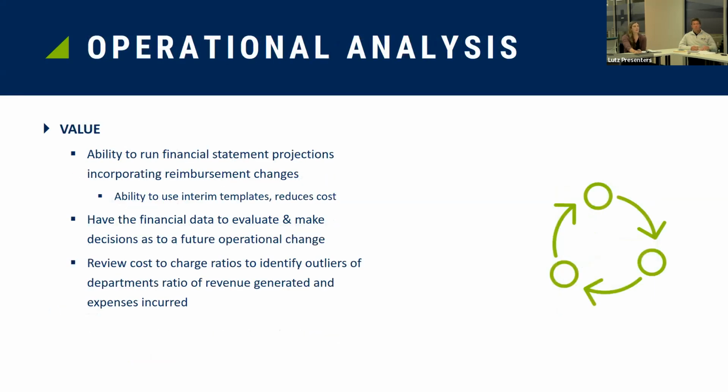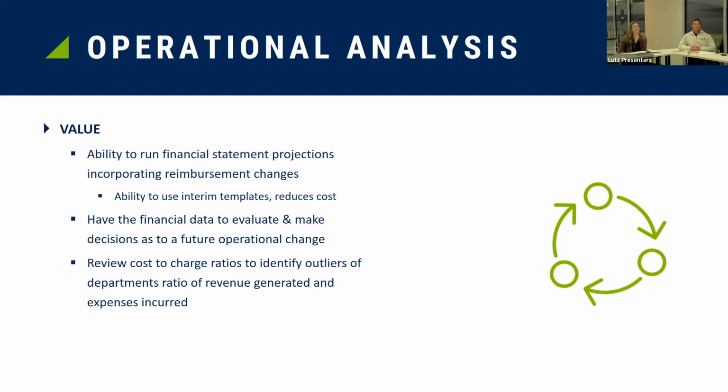So part of having that interim cost report available, I think it adds to the ability for your facility to do more of an operational analysis using the cost report as a tool. If you have that interim template, it also allows you to run financial statement projections incorporating reimbursement changes.